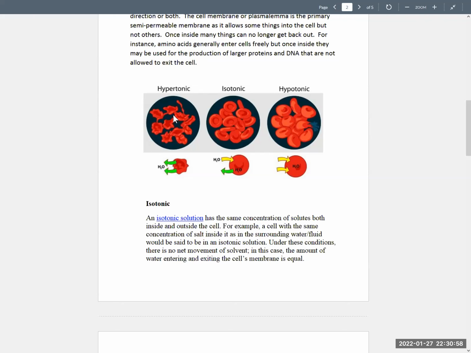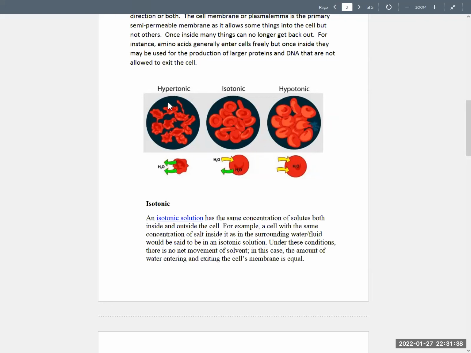We also have the situation though called hypertonic. In a hypertonic situation, the red blood cells are surrounded by a higher strength of solids. What happens when the solid concentration, for some reason, I'll give you a reason in a moment, is higher on the outside?